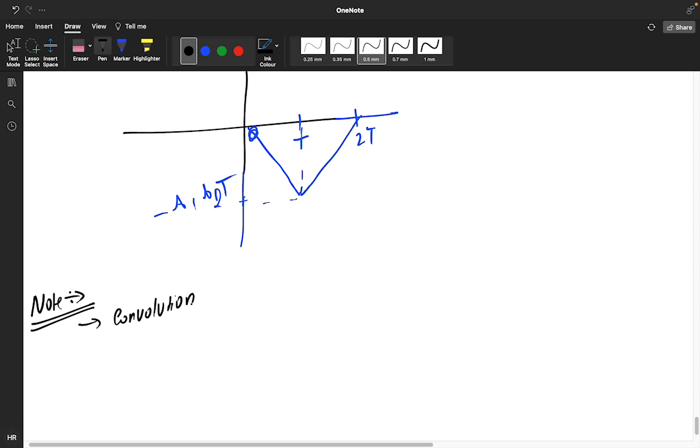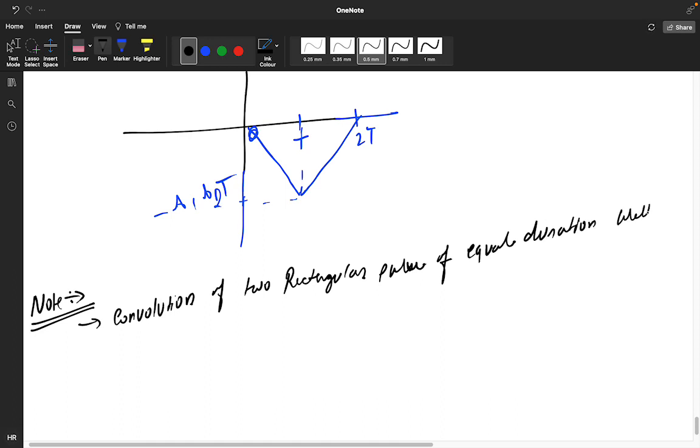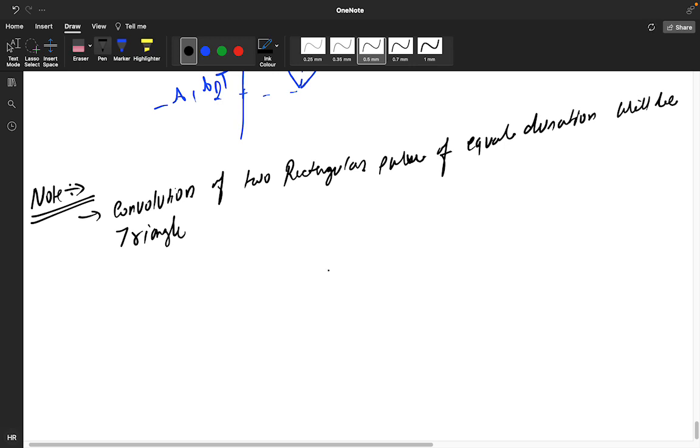Convolution of two rectangular pulses of equal duration will be a triangle, and convolution of two rectangular pulses of unequal durations will be trapezoidal.